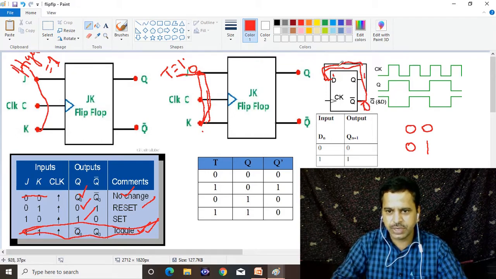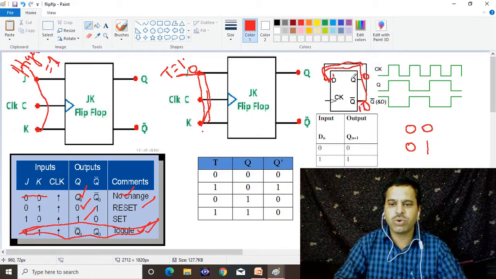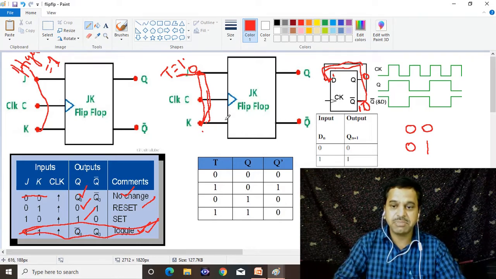Again this 0 is applied to the input of the D flip-flop. Again a clock pulse is applied, the input is D, the output is also D. When Q is equal to 0, then Q bar is equal to 1. See, for every clock pulse, it goes on toggling here. So the D flip-flop can also act as a JK or a T flip-flop.